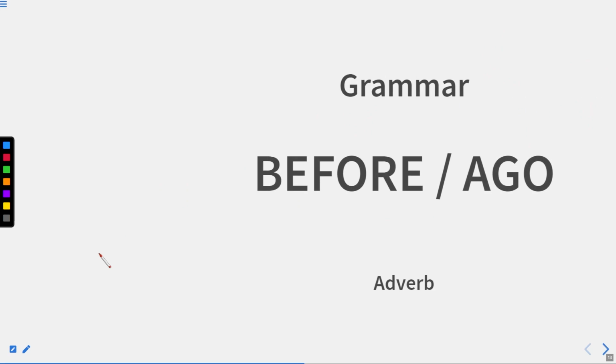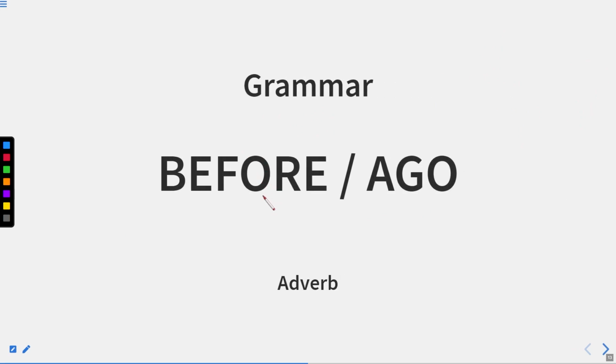Now, let us move further. Now, we'll read the use of before and ago. Before and ago, they both are the same meaning-wise, that they just show the preceding time. Both of these adverbs show the preceding time.